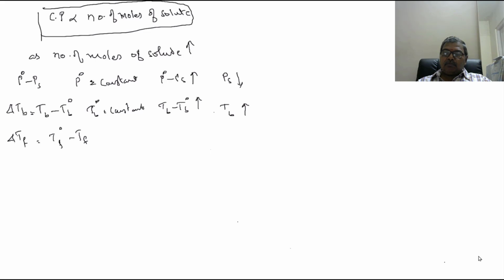T_f naught is constant, but T_f naught minus T_f increases, which means that T_f decreases, and with increase in the number of moles of solute, osmotic pressure increases. So remember, this is an important point. Colligative property increases with increase in the number of moles of solute. Next, another important point.